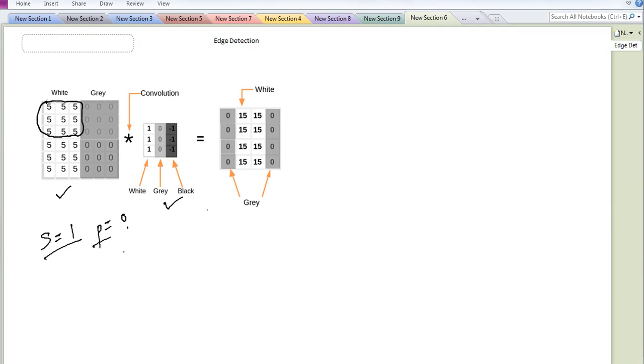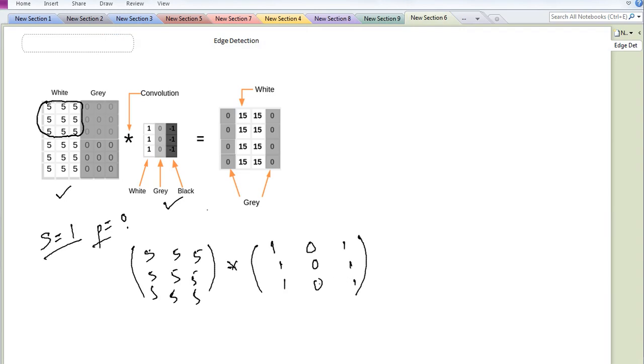and multiply correspondingly. That means 5, 5, 5, 5, 5, 5, and you have to convolve with this filter, which is 1, 1, 1, 0, 0, 0, 1, 1, 1. This is not matrix multiplication, rather it is element to element multiplication.